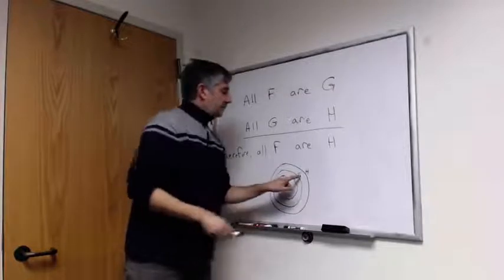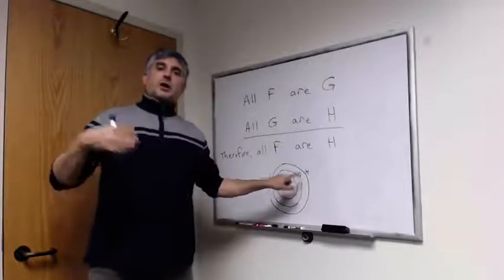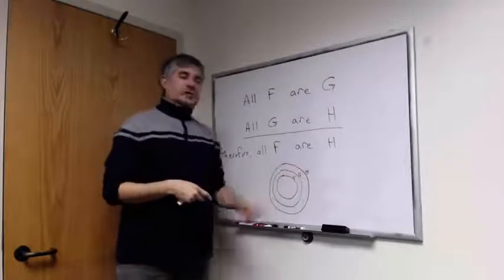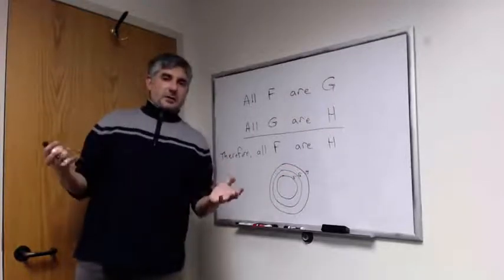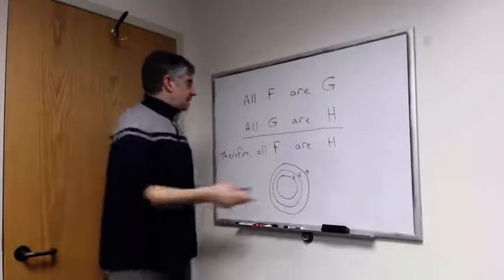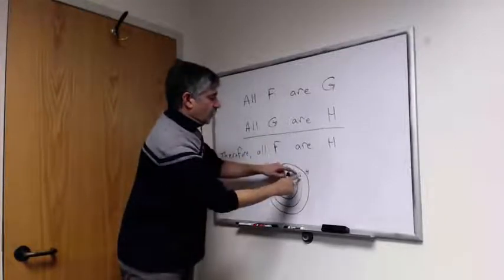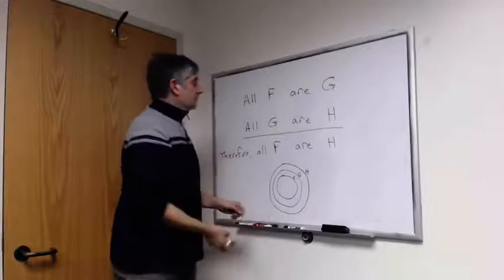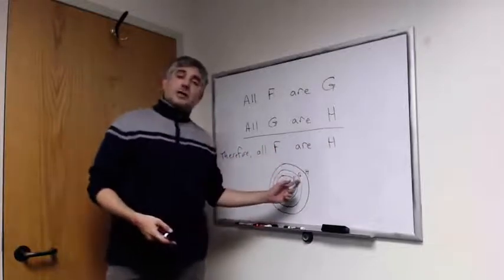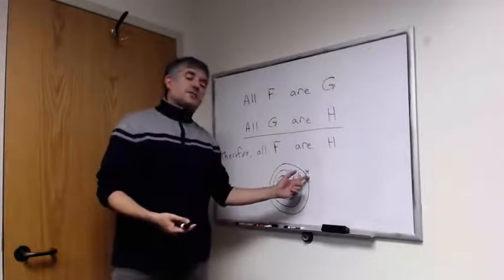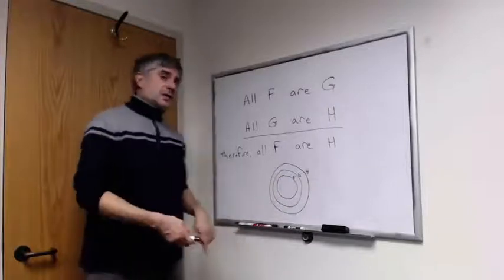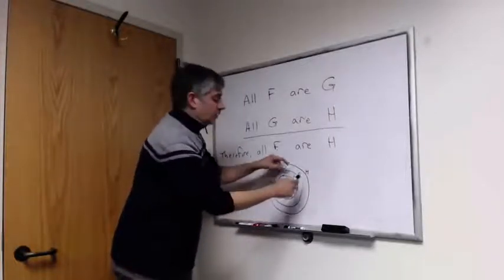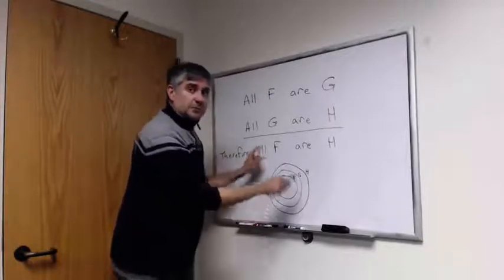So if the category of G is the category of rectangles and the category of H is the category of things that have parallel lines, then the second premise says that all the things that are rectangles also have parallel lines. If the category of G is the category of mammal and the category of H is the category of animal, then the second premise tells us that all the mammals are also in the category of animals.